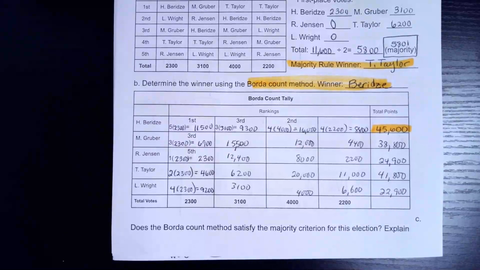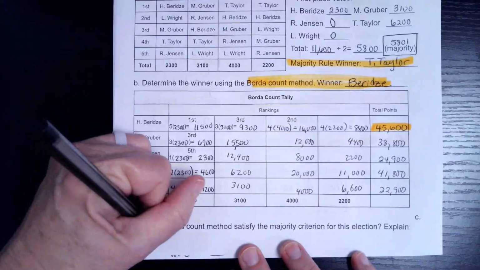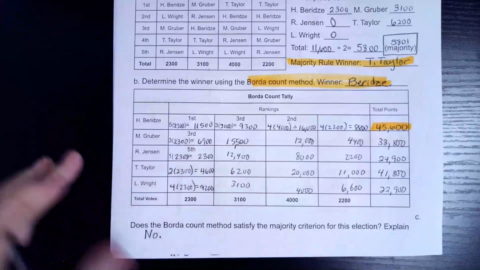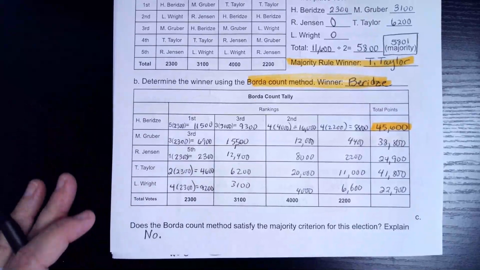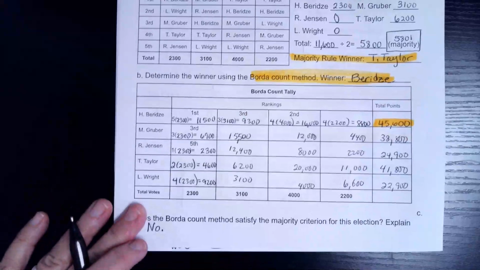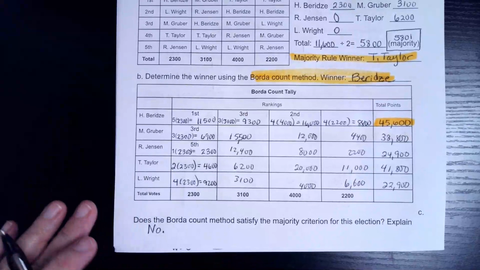So, does the Borda count method satisfy the majority criterion for this election? I think so. Do we have the same winner both ways? No. So then that's a no. It doesn't satisfy the majority criterion.